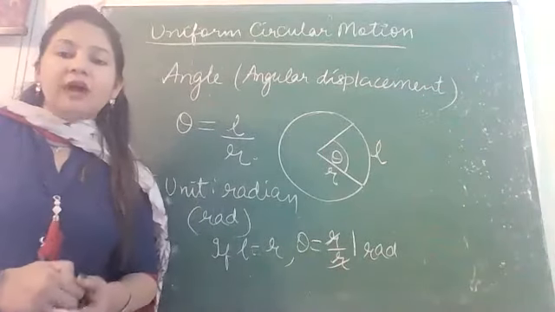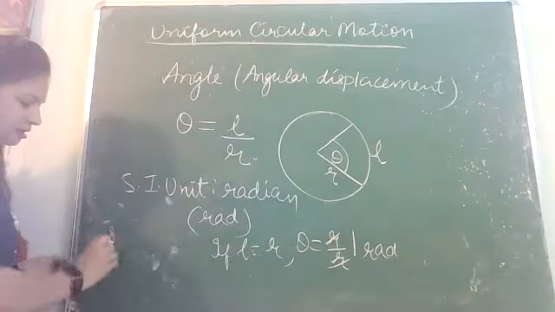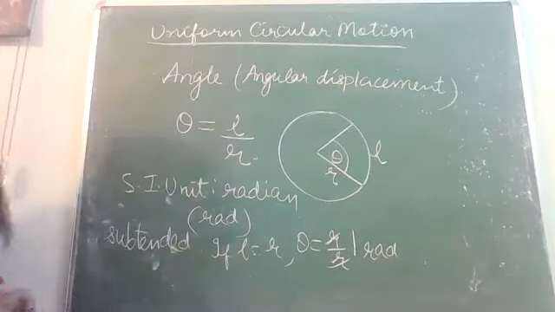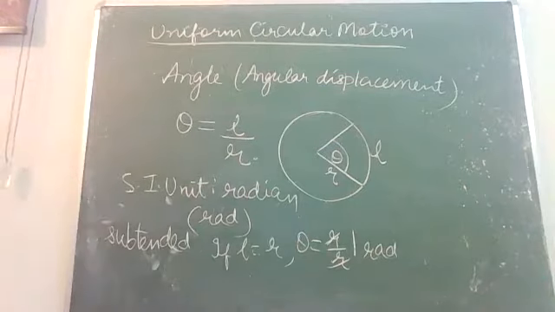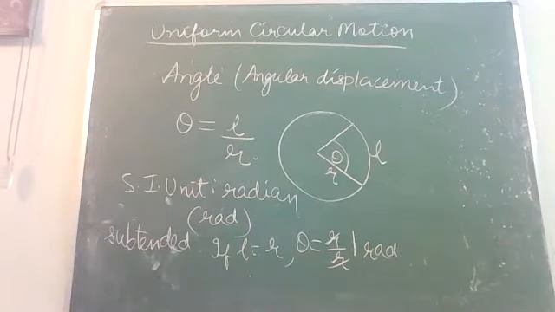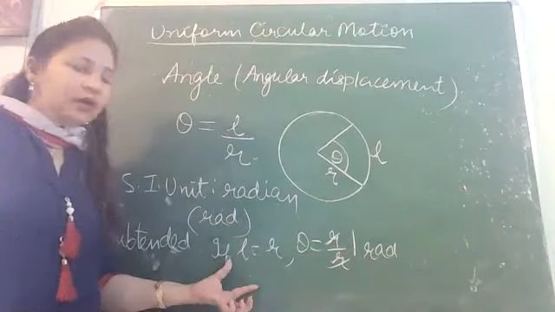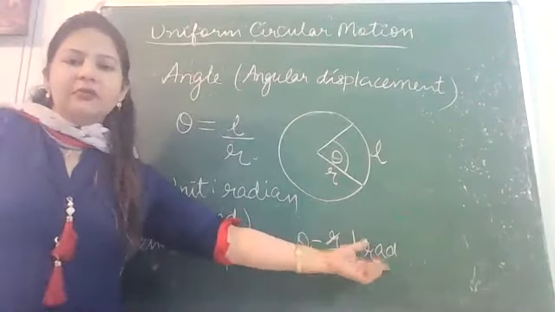1 radian is the angle subtended at the center of a circle by an arc whose length is equal to the radius of the circle. These are the spellings. You can write formed also if you do not want to write subtended. Do not cram this, it will be written in front of you. Then this angle will be 1 radian.